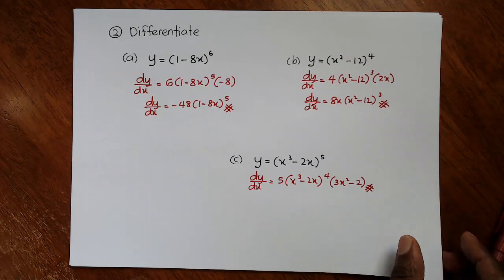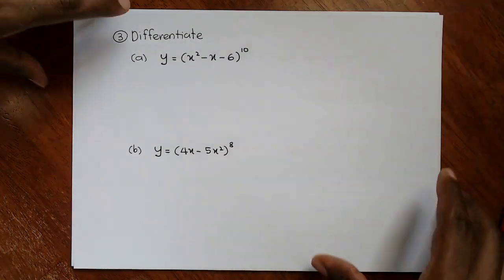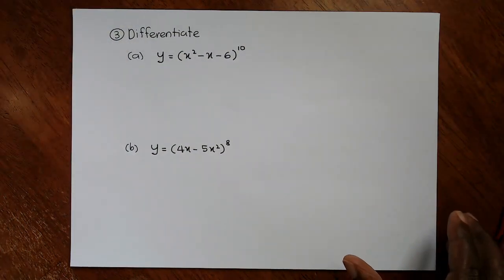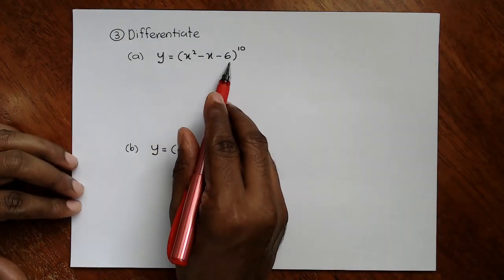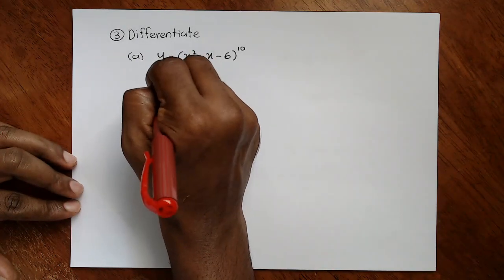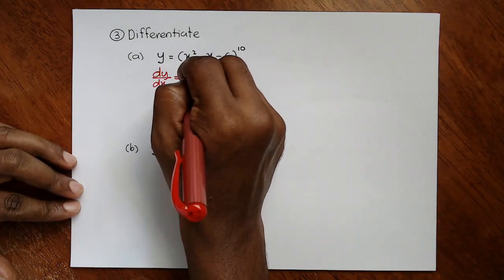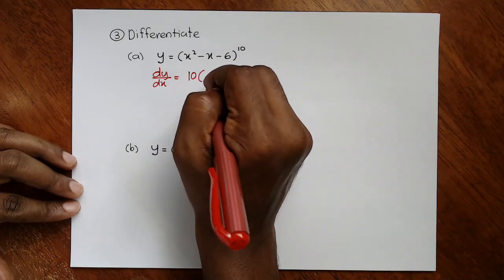Number 3 here. Interesting. We have a very long bracket here, but there's no problem. We can do dy/dx equals 10, you bring in front, 10, and (x squared minus x minus 6), nothing happens inside that yet.